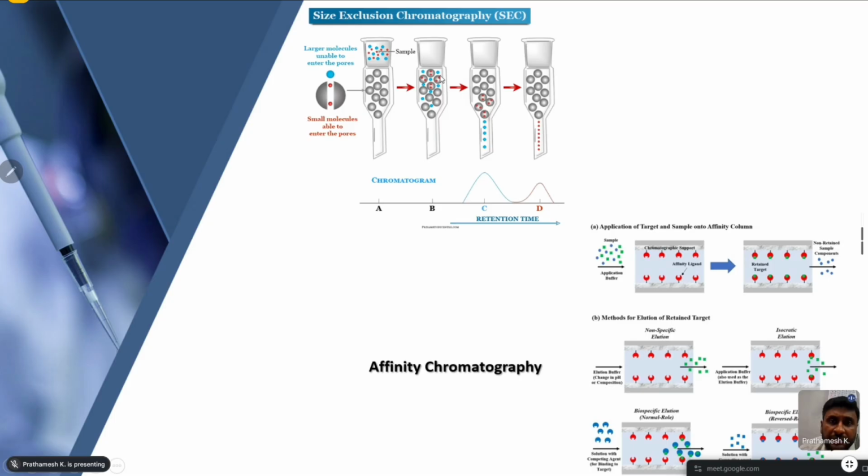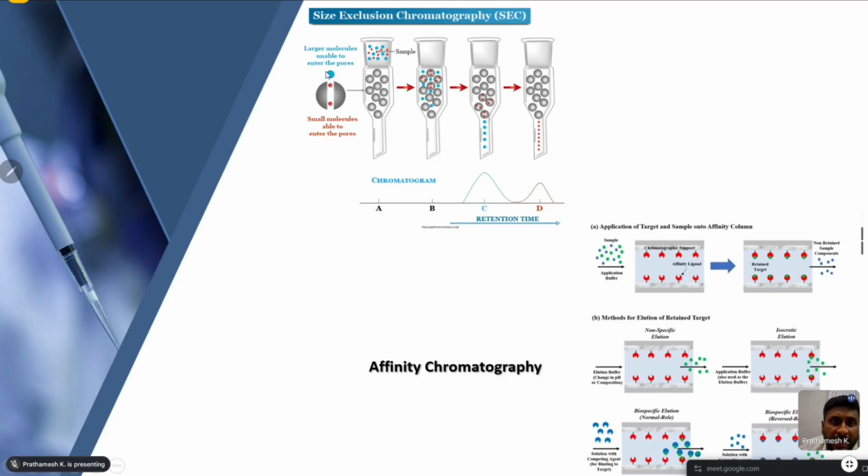So what will happen? The analyte, which is big in size, immediately passes down, because it doesn't have to pass through the porous bead. Basically it cannot enter the porous bead, because इसके जो pores है वो इतने बड़े size वाले molecule को अंदर ले ही नहीं सकते. If you see this yellow color molecule, big in size, cannot pass through this pore. Whereas छोटे जो है red color के है, they are small in size, they can pass through the pore.